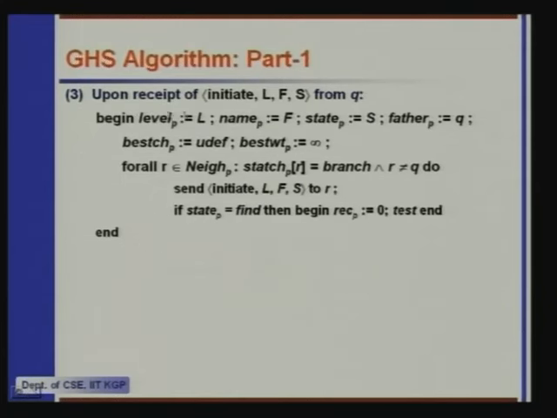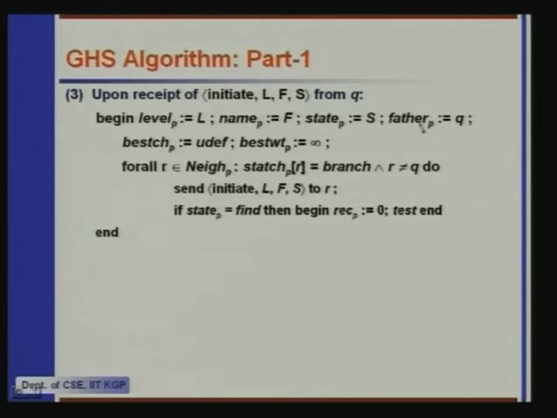Upon receipt of the initiate message from Q, this is what P is going to do. If the process P gets an initiate message, it will first of all inherit the level of the initiate message, the name of the initiate message, and the state of the initiate message. And it will set father P equal to Q. What is father P?